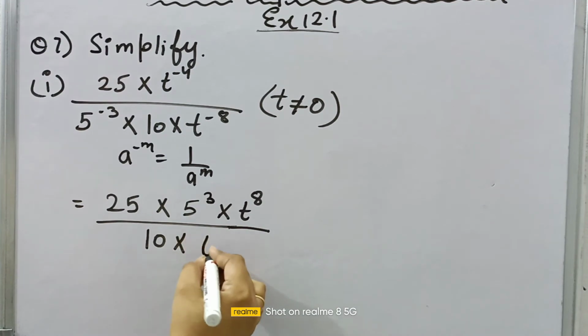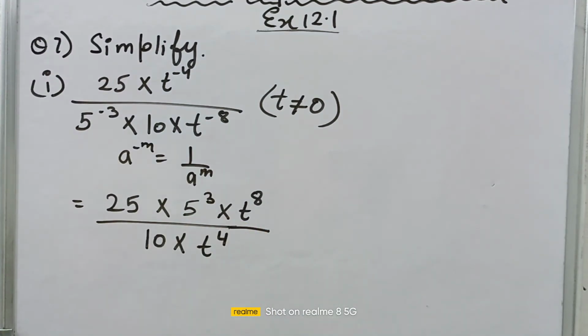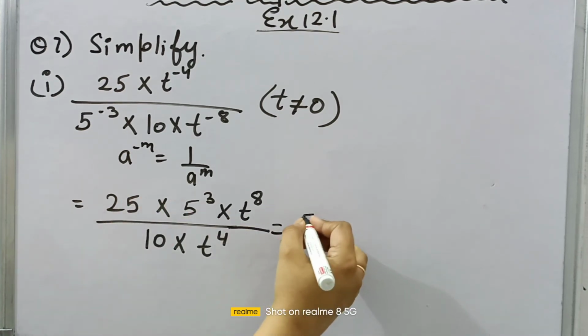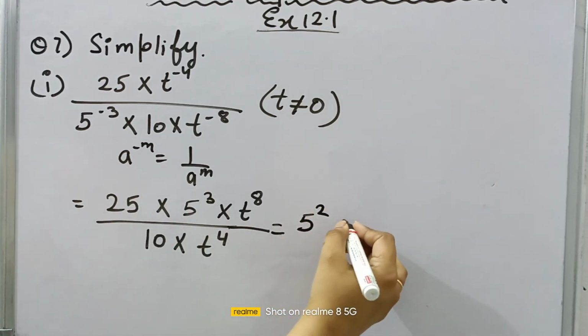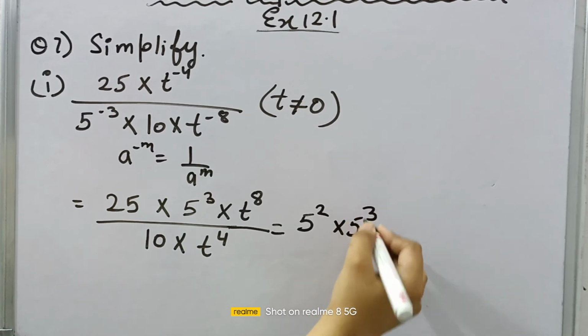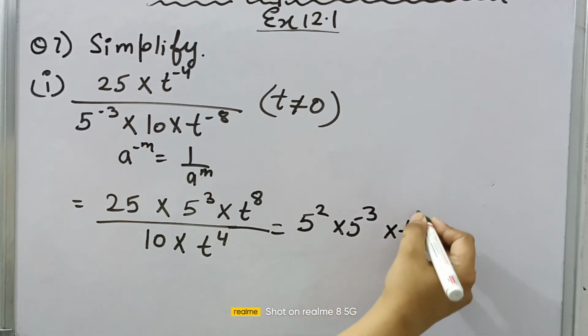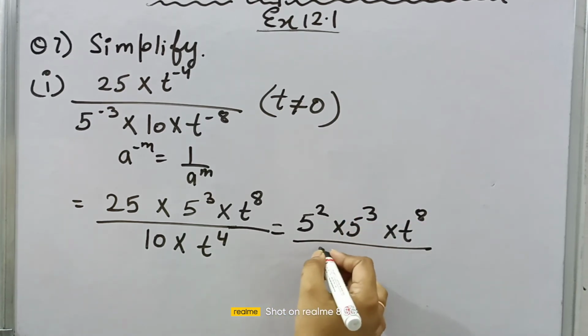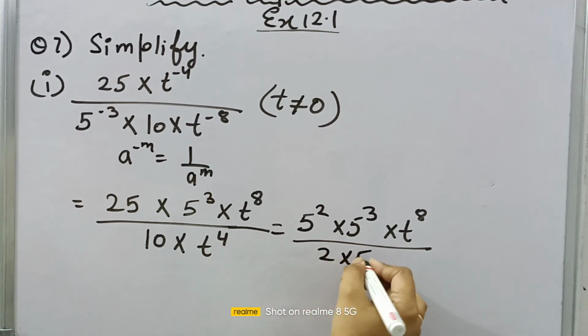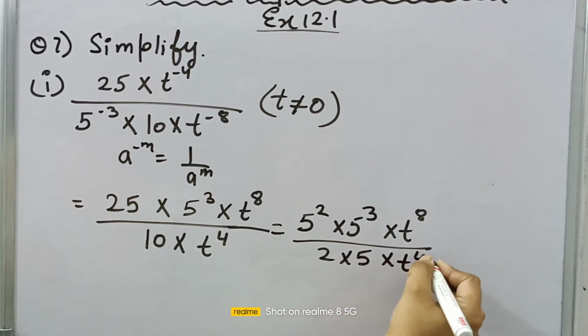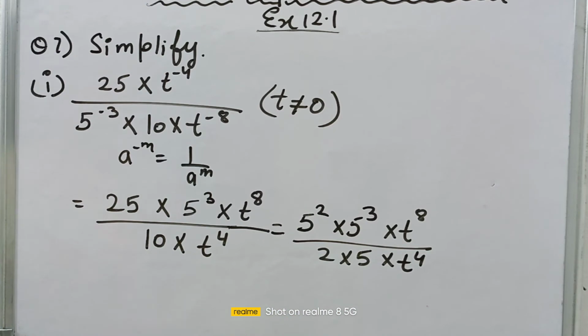This will come in denominator as t raised to the power 4. Now we can write this 25 as 5 raised to the power 2 multiply 5 raised to the power 3, t raised to the power 8 upon 10 can be written as 2 multiply 5 multiply t raised to the power 4.